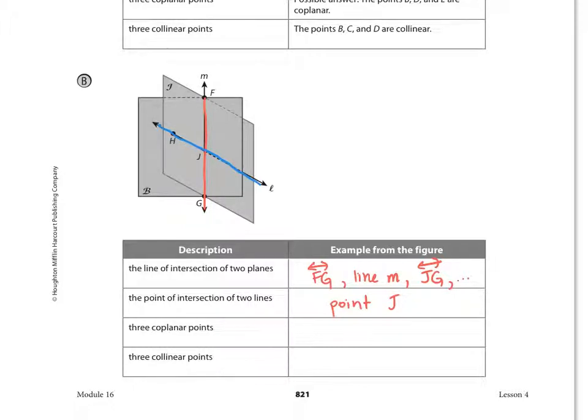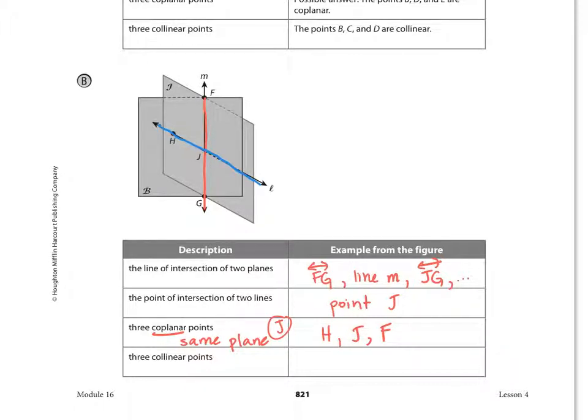Three coplanar points. So coplanar means on the same plane. I believe this is the vocab word that was on 16.1, so it's a while ago. Same plane. So if I look at, I don't know, plane J, then 3 points that are on that plane could include points H, J, and F. And you can do G as well.